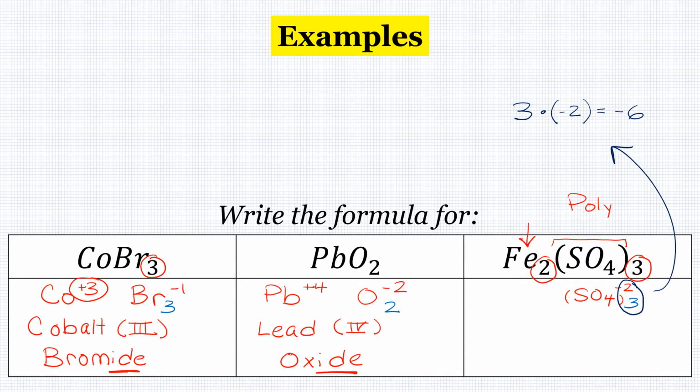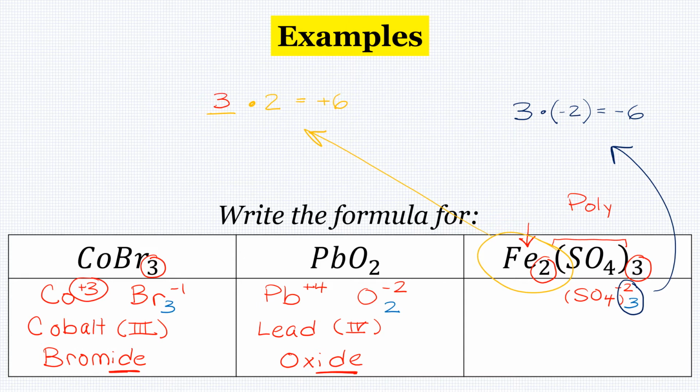Okay, so now let's look at the cation here. So what times 2 gives us a charge of +6? Because remember, we want to cancel these out. You could divide, or if you're quick, you could just look at it. So I know that 3 times 2 gives us +6.